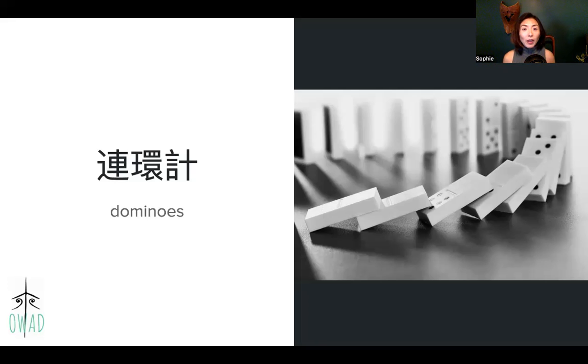The story goes, as an example of this Dominoes 连环计 tactic, okay, there are 3 kingdoms. Let's call it ABC. So A tries to set up to win the war, right? They try to mess with B and C to let B and C become enemies. So probably that's the thinking process, right?